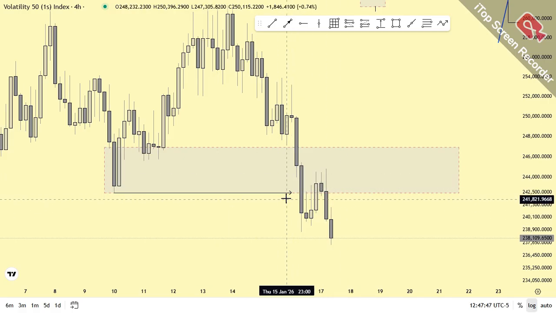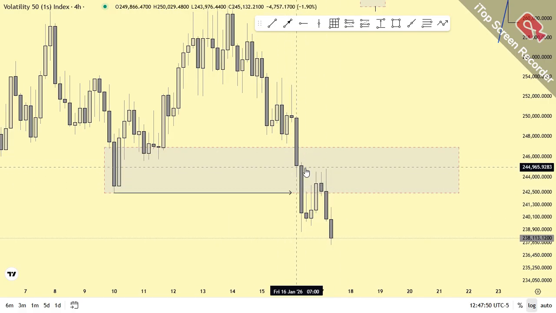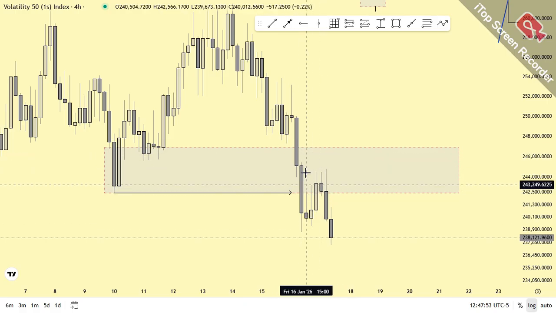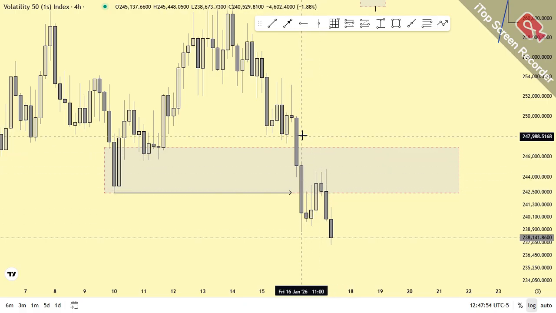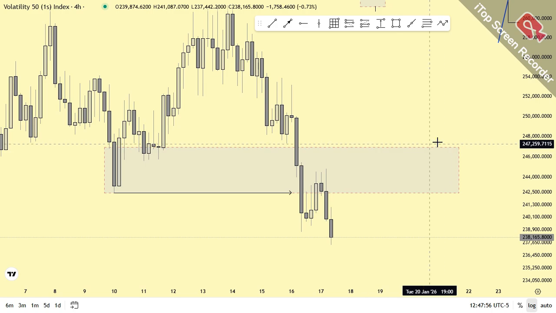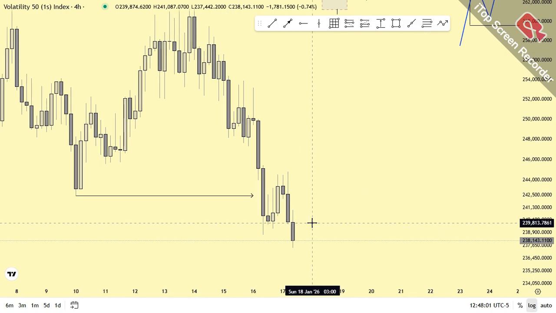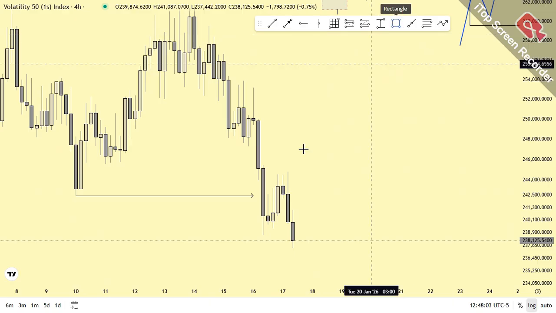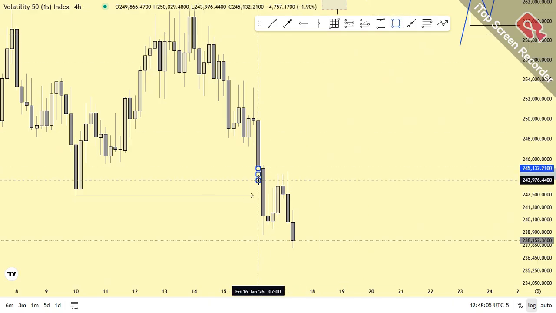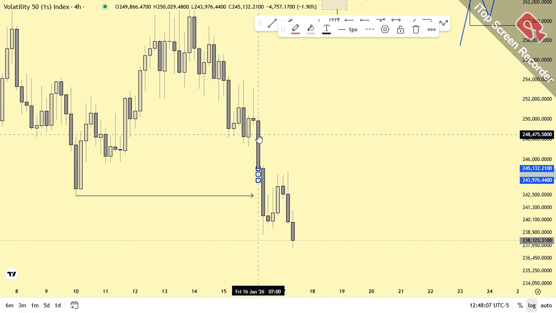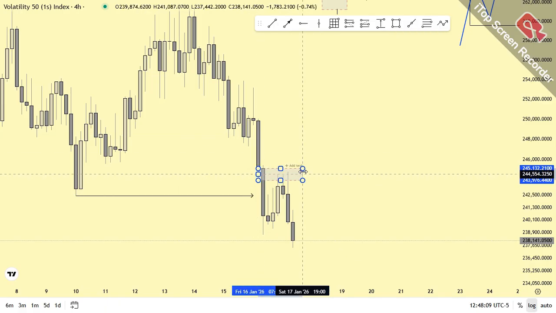So this is a 4 hour setup, but then I can reduce this 4 hour setup to like a 15-minute setup, where I can now do the same thing that I did on the daily time frame, right. I can now use this 4 hour rejection, inside rejection candle.